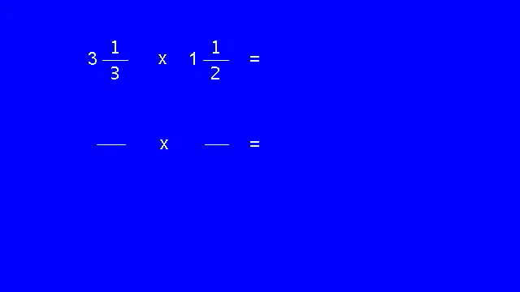So in this example, we need to make the numbers improper first. So the denominator is 3. 3 times 3 is 9, plus 1 is 10. And for the second number, the denominator is 2 and the numerator is 3. Okay, so it looks like we can do some canceling. 2 goes into 10 5 times. 2 goes into 2 1 time.